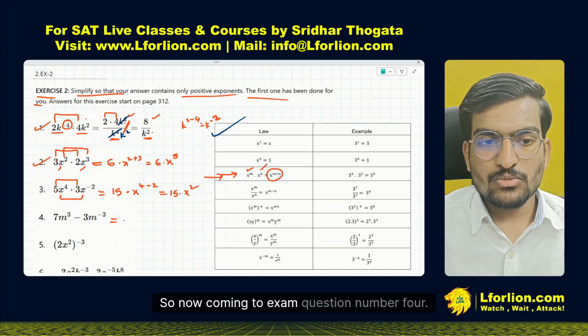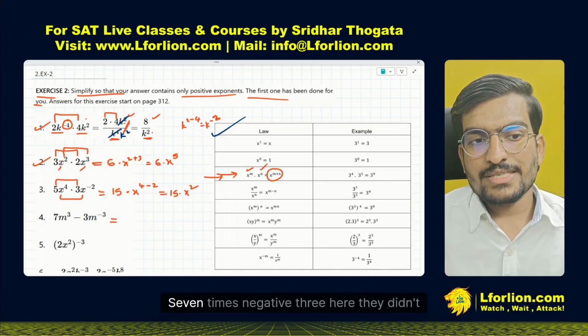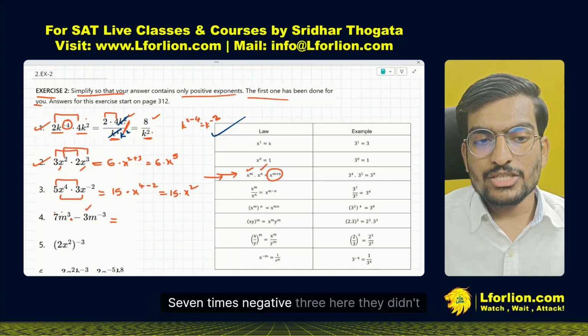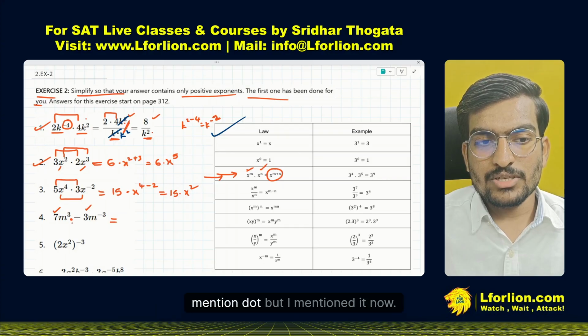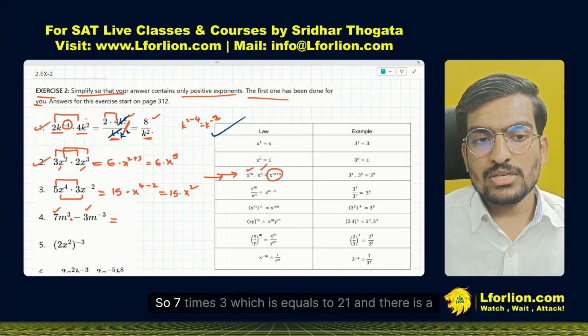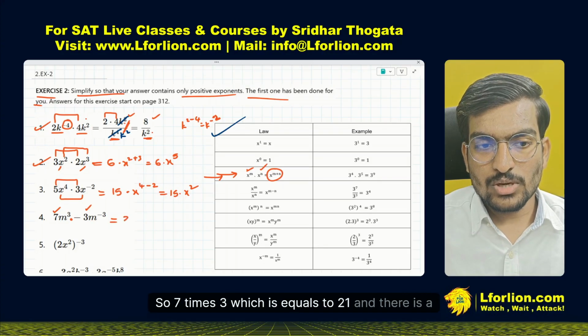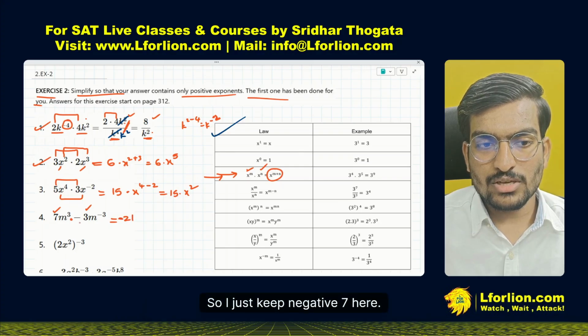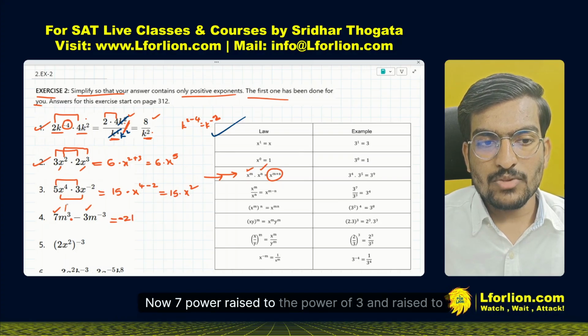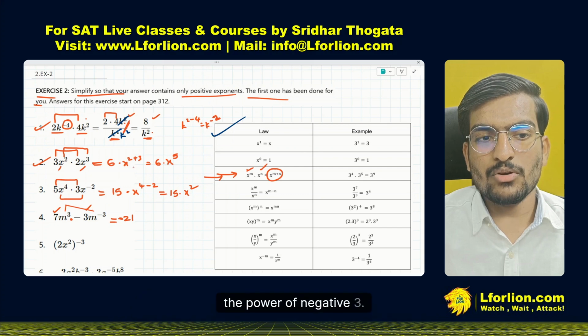So now coming to question number 4, 7 times negative 3. Here they didn't mention the dot but I mentioned it now. So 7 times 3 is equal to 21 and there is a negative, so I just keep the negative here. Now 7 raised to the power of 3 and raised to the power of negative 3.